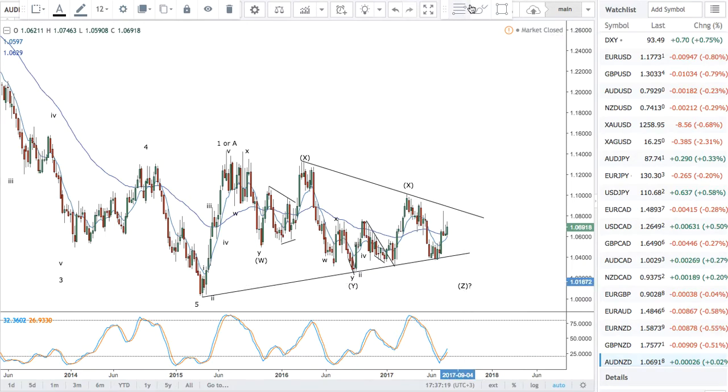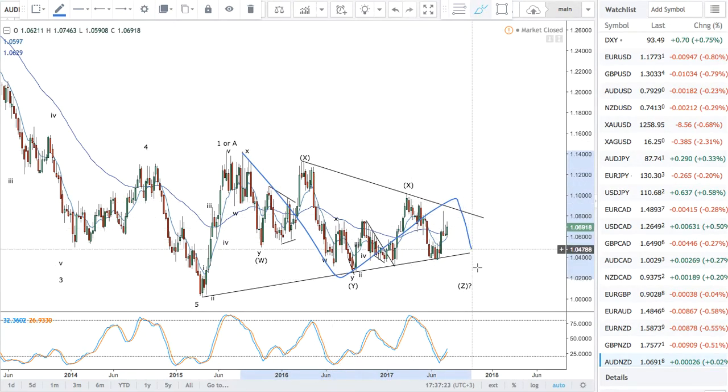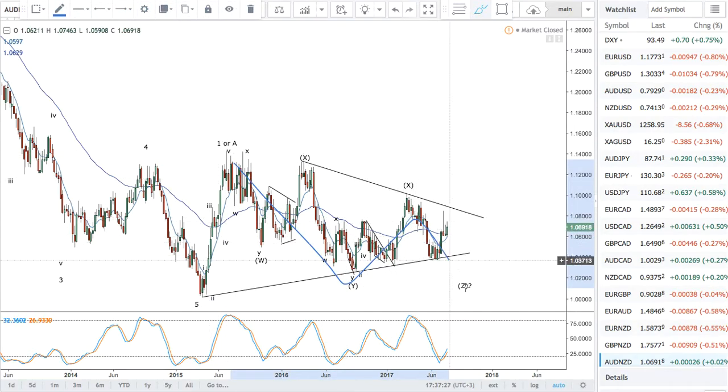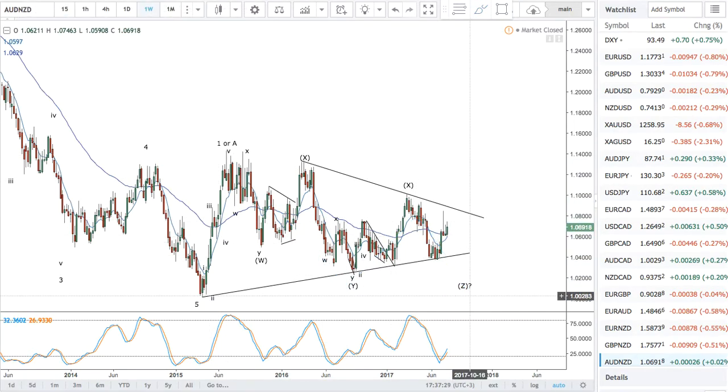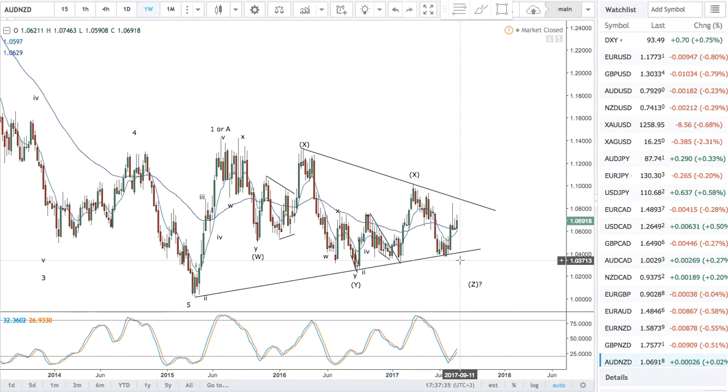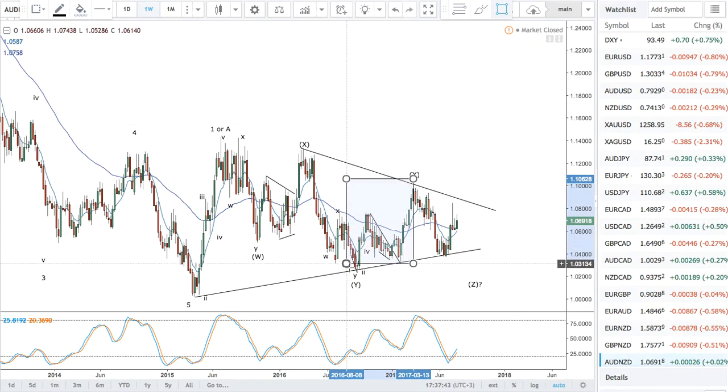Now, whether you view it, as I just mentioned, as A, triangle for B, and then wave C, or a bigger 3, WXYZ or WXY, that seems to be holding. Now, for a bullish view, if you're going to be bullish here and you want to explain this in an Elliott Wave way, you're going to have to work this as a three-wave advance.